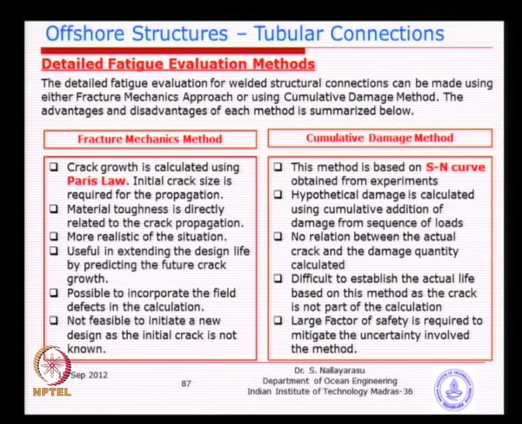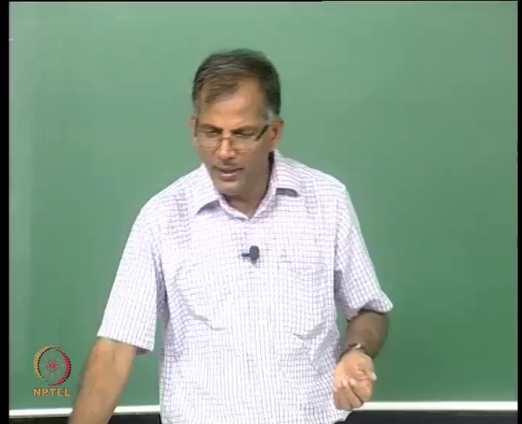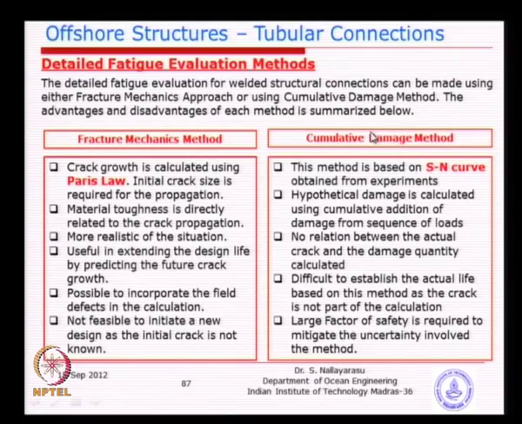So, n1 divided by N1, and for the second sea state do exactly the same thing and add it. The idea behind is the effect is cumulative, that is why we call it the cumulative damage method, nothing but the effect is added as much as the information, like the wave is coming the next day.